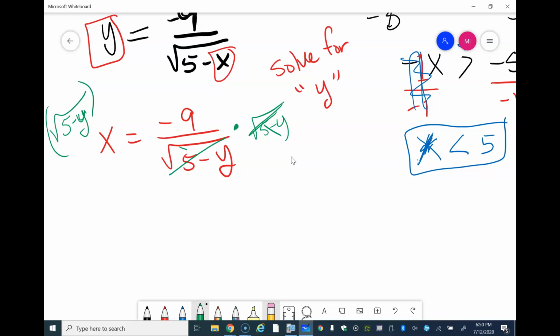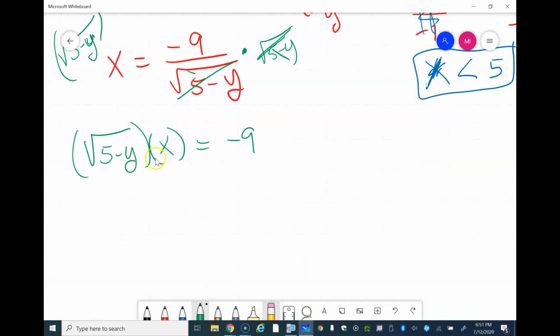And we multiply together. Now you don't have to distribute anything, just leave it separate like it is. So we just have the square root of 5 minus y times x, just leave these two being multiplied together, and it's equal to negative 9.